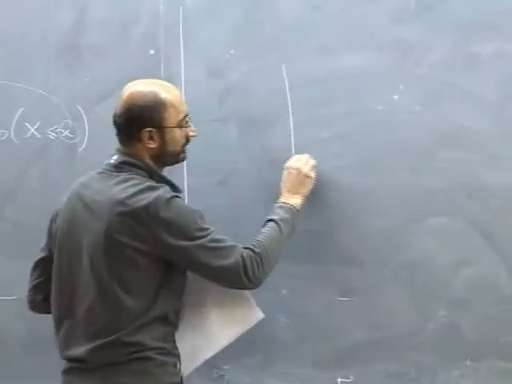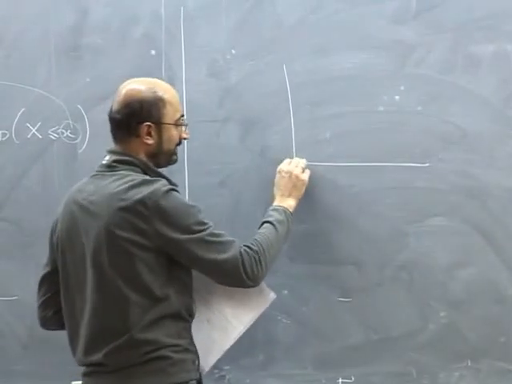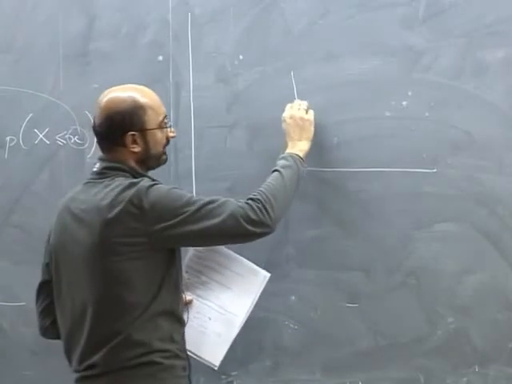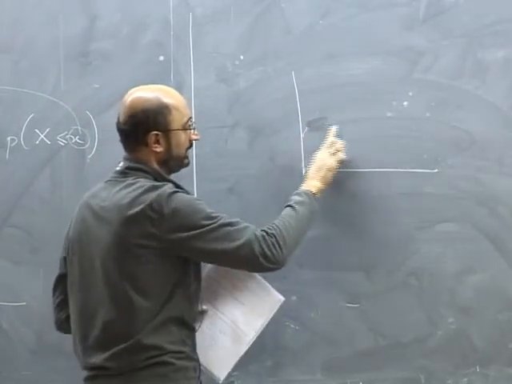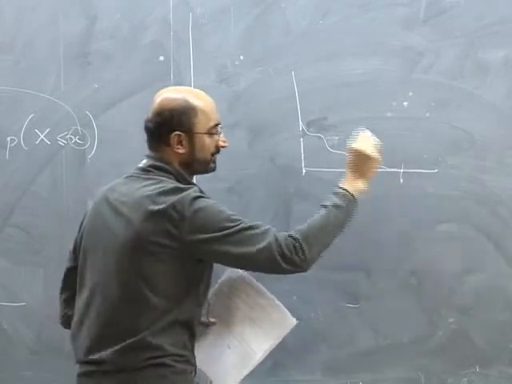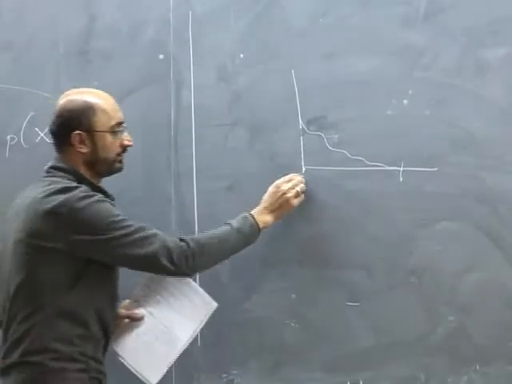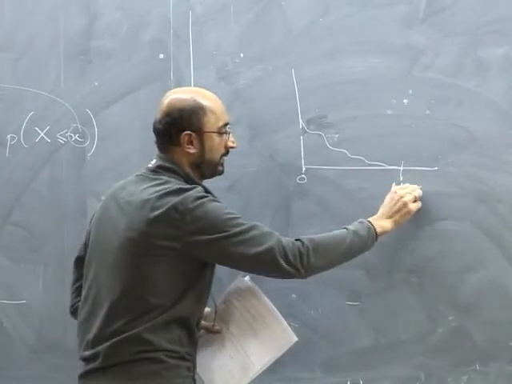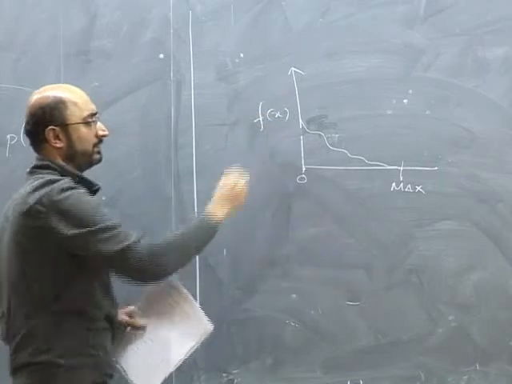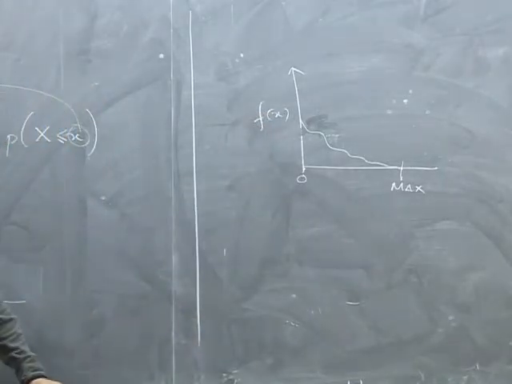So let's look at it like this. Basically I have some density function. Okay, it looks something like, actually it looks pretty much like this. So this is the maximum number of bytes transferred, and this is 0. And this is the density function f of x. Okay, fine.